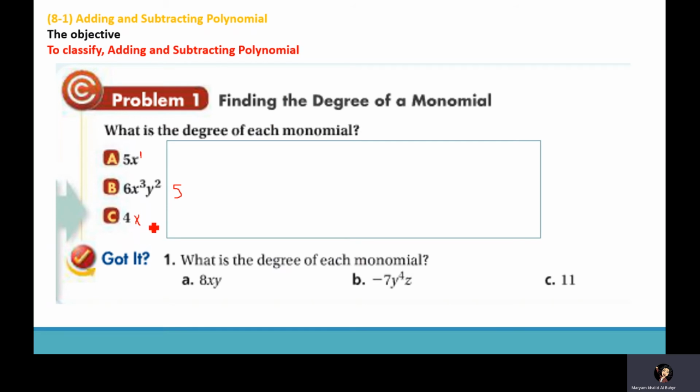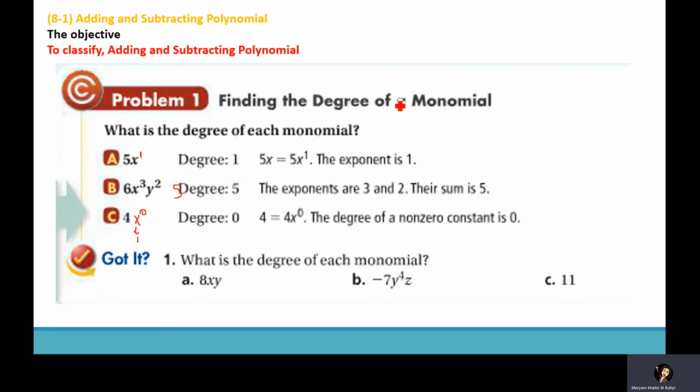And even if I have a variable, any variable raised to the power 0 is 1, which has no effect on my 4. So the degree here is 1, that's what we did, and the degree here is 5 because the exponents 3 plus 2 sum to 5. And here the degree is 0.